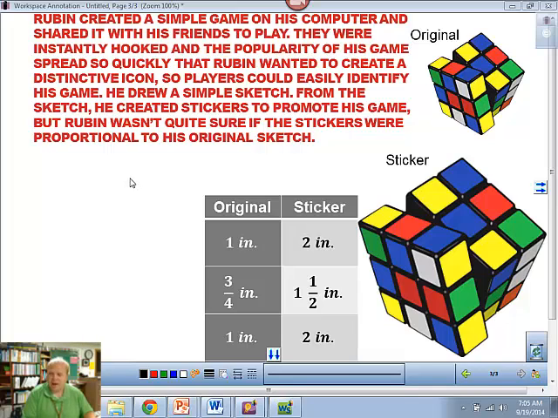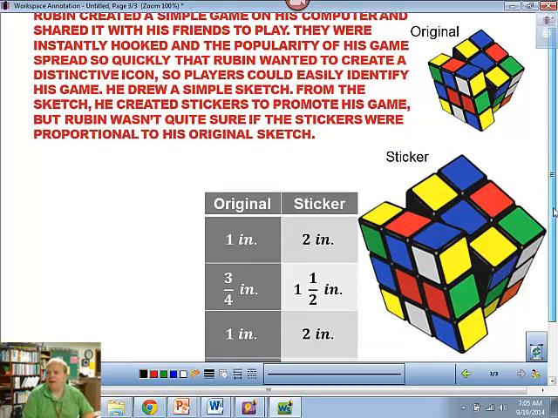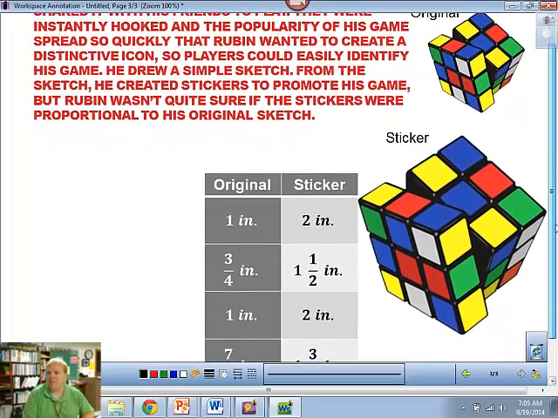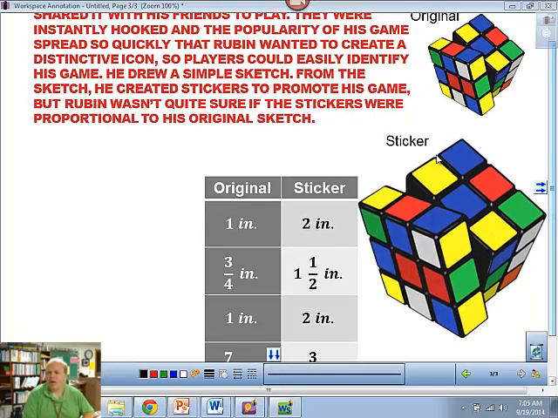Okay? Now, I did the first two steps already for you. Let's see if I can move this down a little bit. Okay. So this is Ruben's original picture. It's a Rubik's Cube. And then this is the sticker he made. And I want to know, is this proportional to this? Okay?